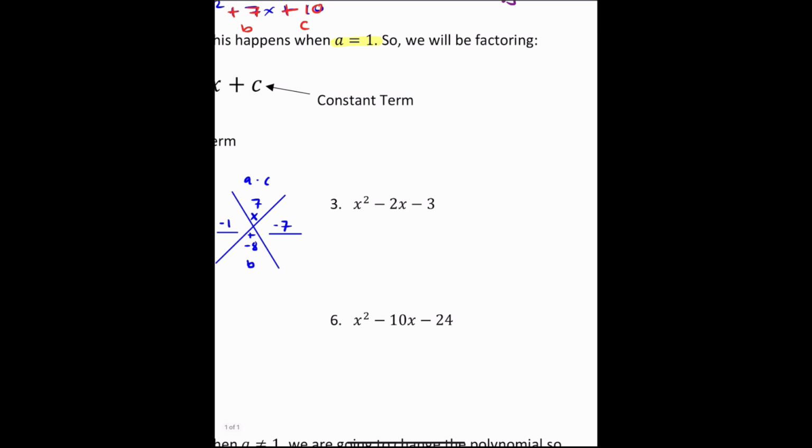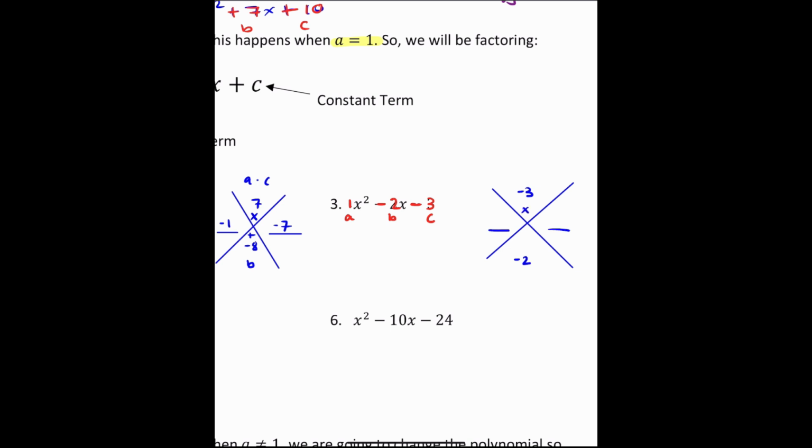Number 3, we have x squared minus 2x minus 3. So a is 1, b is negative 2, and c is negative 3. So I'll draw an x on my paper. 1 times negative 3 is negative 3, and our b is negative 2.